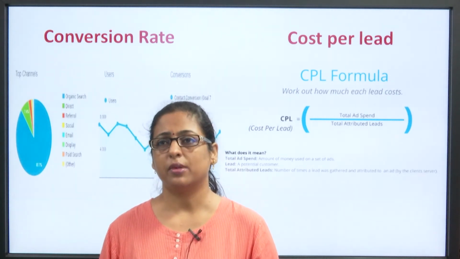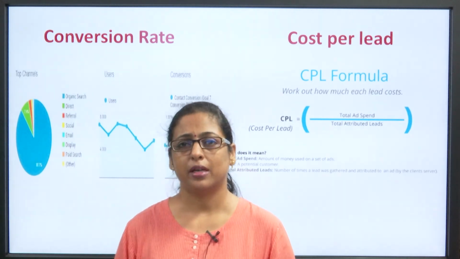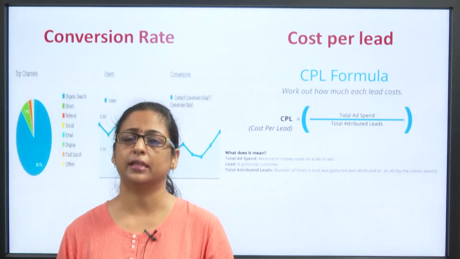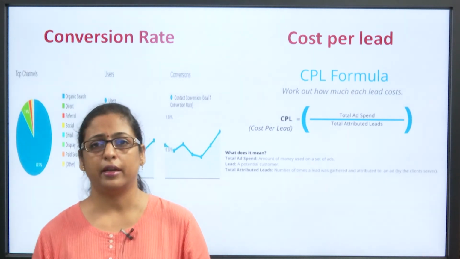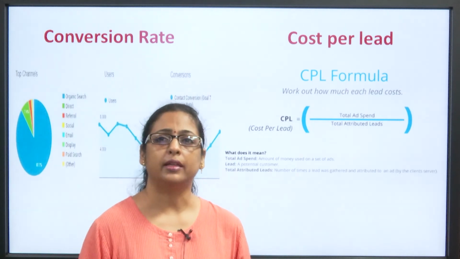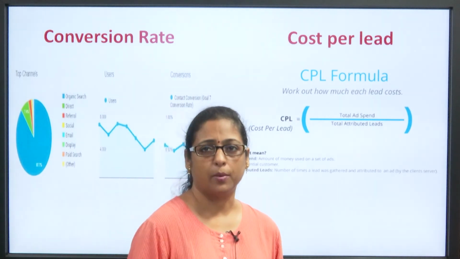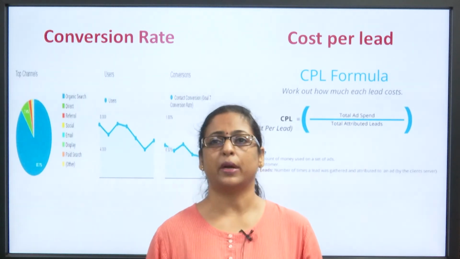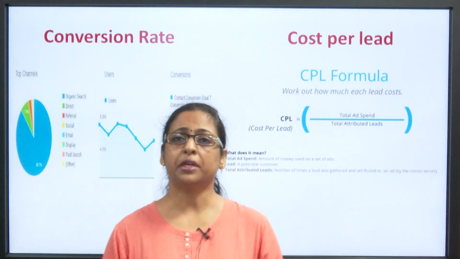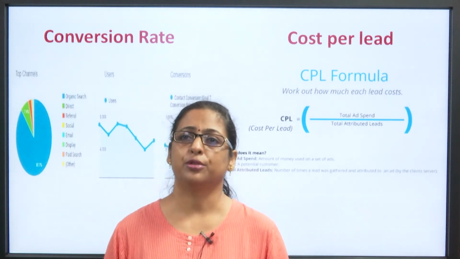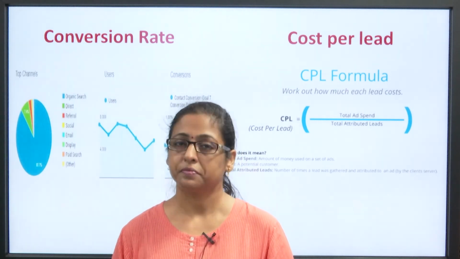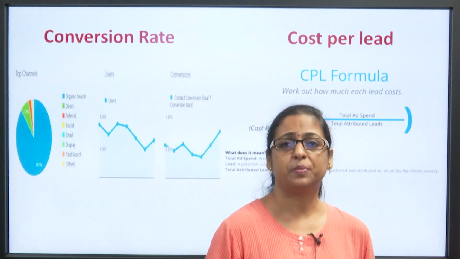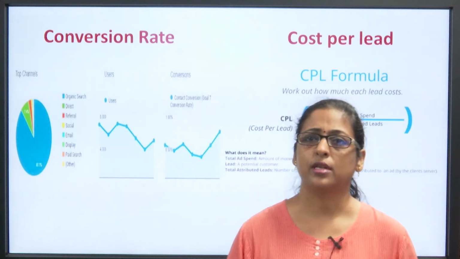There are times when the company is required to pay certain money to the search engine for generating leads, so the amount of money that I am paying for the leads I get is of great importance. Cost per lead can be calculated from the amount spent by the company on advertising and the total leads that I have received. This is again one ratio that needs to be calculated. If the cost per lead is quite high, then it is not actually sensible.